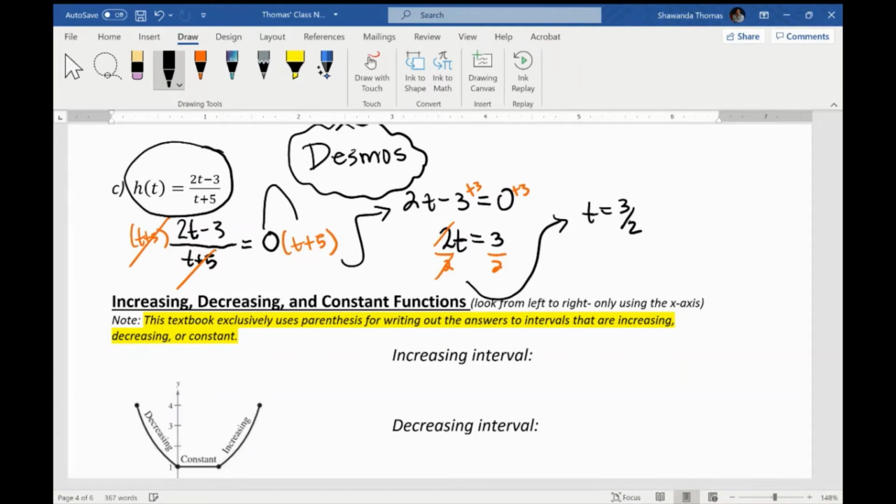Whenever it says on your homework, use a graphing utility, what could you use? Desmos. Unless you have a graphing calculator. You may have a graphing calculator, so that works too.